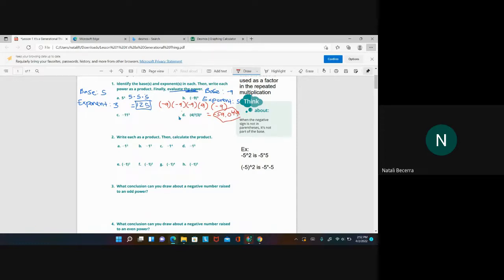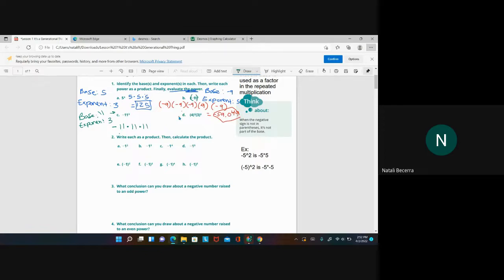Whenever you don't have parentheses around the number, then you just write it like that. For example, for part C, the base is 11, okay? And the exponent is 3. Since I don't have parentheses like I had up here, this is just negative, and then 11 times 11 times 11.